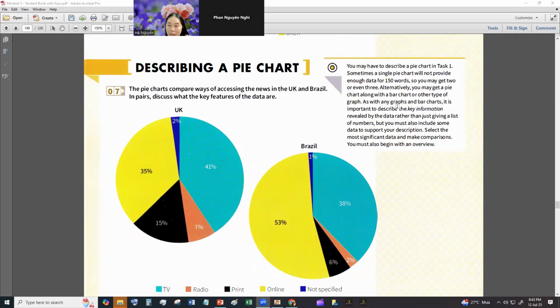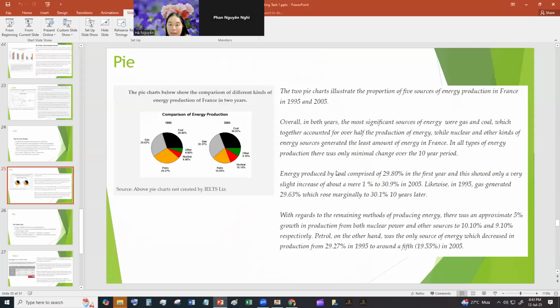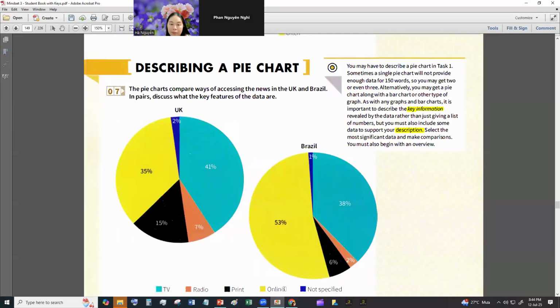As with any graphs or bar charts, it is important to describe the key information revealed by the data. Rather than just giving a list of numbers, you must include some data to support your description. You can select the most significant ones and make comparisons, okay? You also must begin with an overview. So remember the standard structure: introduction, overview, and body paragraphs.